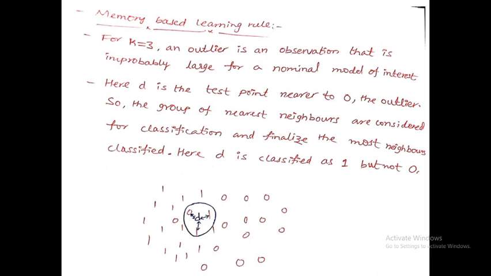Here D is classified as 1 but not 0. So for these lines, I have taken k equal to 3. K equal to 3 means I have to consider 3 points as a group and I have to test that. I have to find out that X test.